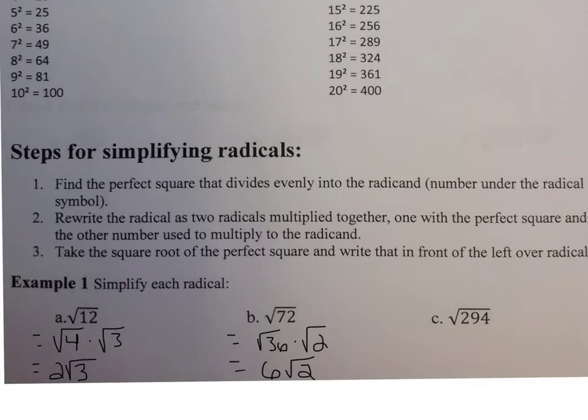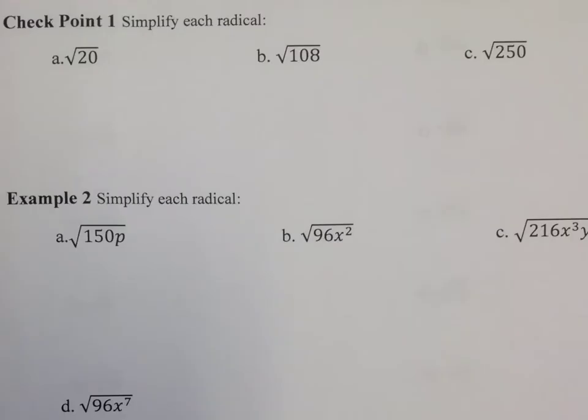So that means I can split this up into the square root of 49 times the square root of 6, because 49 times 6 will make 294, and the square root of 49 is 7, so 7 times the square root of 6. Pause here, try the example on the checkpoint on the next page. When you come back, I'll give you the answer. Okay, on checkpoint 1, A is 2 times the square root of 5.